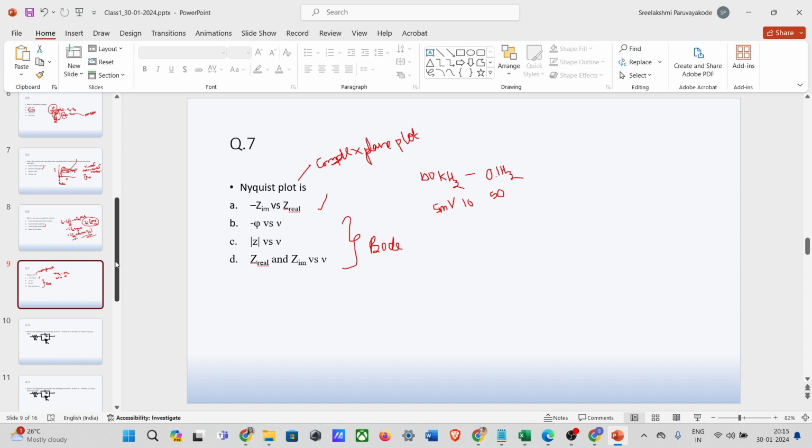There isn't a particular answer for that. Whatever you get might be a negative value, so that is converted into a negative of it. Basically, your imaginary part in many problems can be negative, so in that case you take the negative of that value and plot it so that it comes to the positive axis. That is how it is.